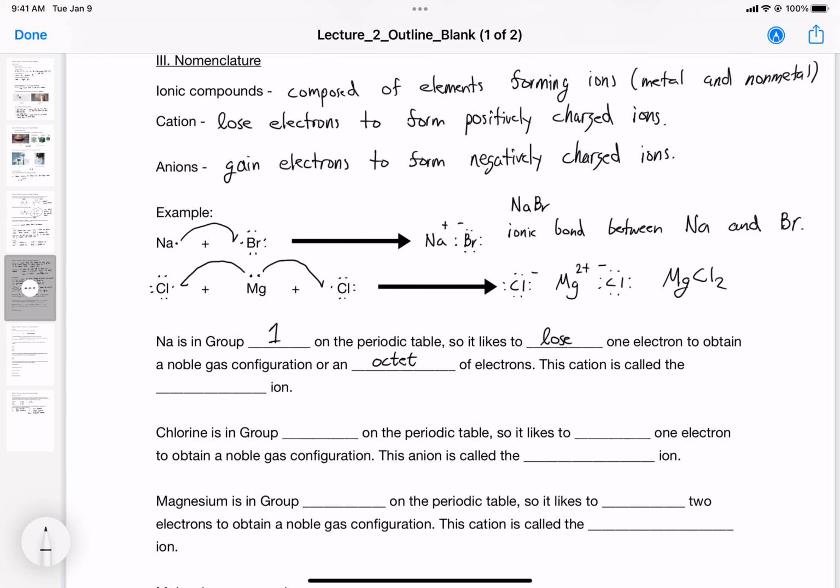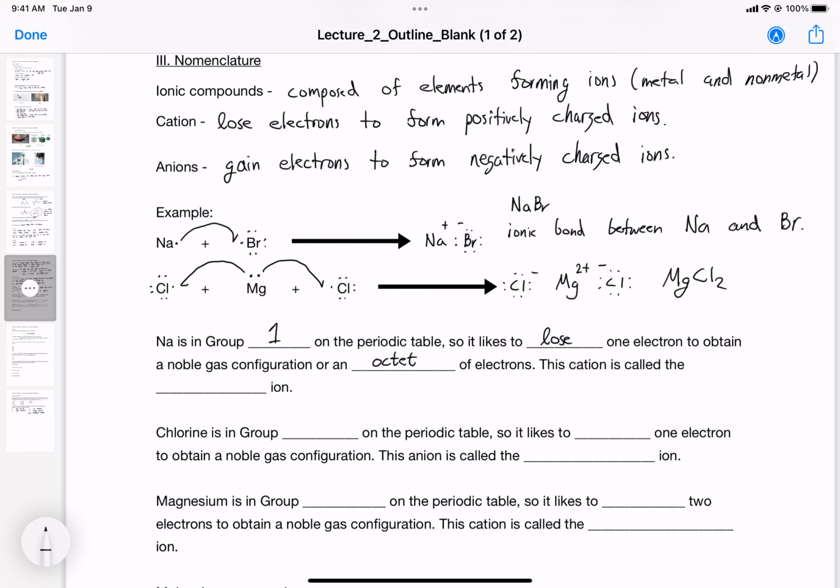It participates in chemical reactions because it wants to attain this valence shell where there's 8 electrons in the outermost shell of the atom. That's a particularly stable state for atoms, and they participate in reactions to obtain this kind of configuration.